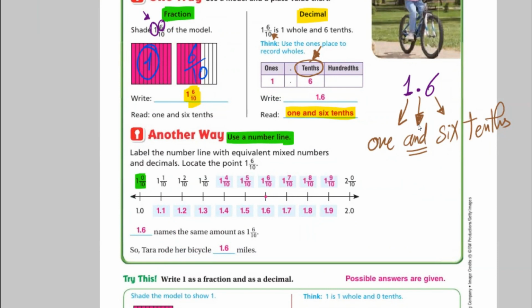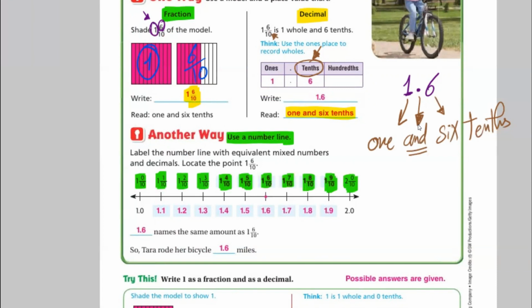So you have to start with the same whole number. Okay, so 1 and 0 over 10. The next one, 1 and 1 over 10, 1 and 2 over 10, 1 and 3 over 10, 1 and 4 over 10, 1 and 5 over 10, 1 and 6 over 10, 1 and 7 over 10, 1 and 8 over 10, 1 and 9 over 10, and 2 and 0 over 10, because we have 2 here.